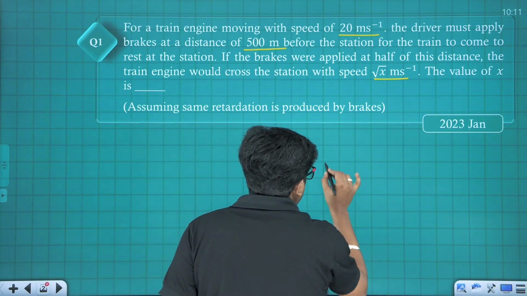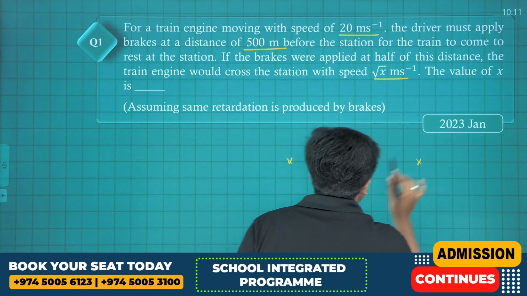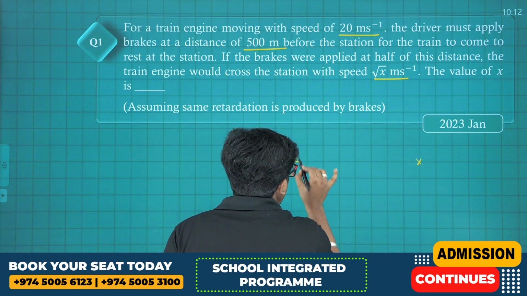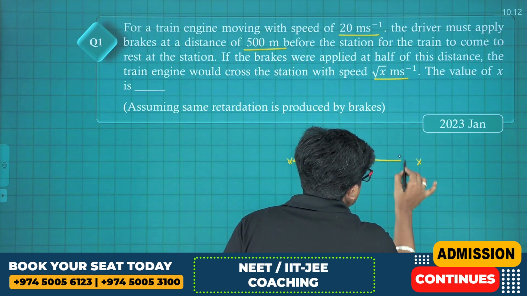So let's understand the question first. Let this be a point and let this be the station. This point is at a distance of 500 meter from the station.